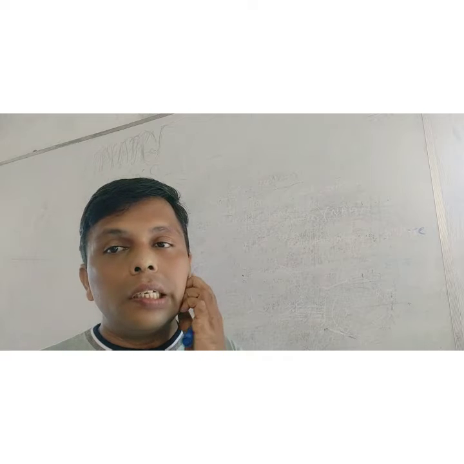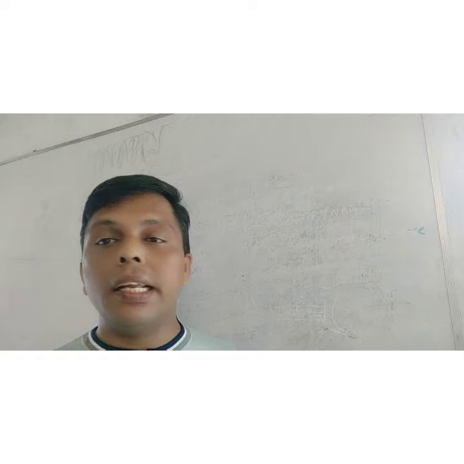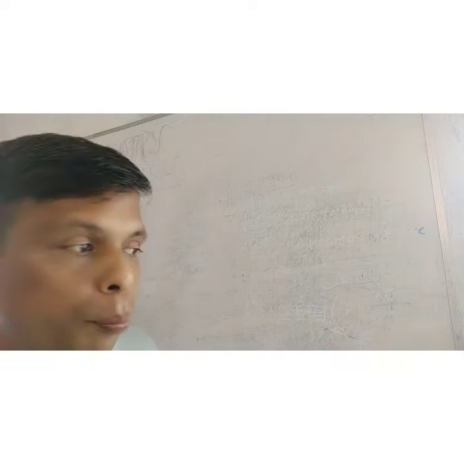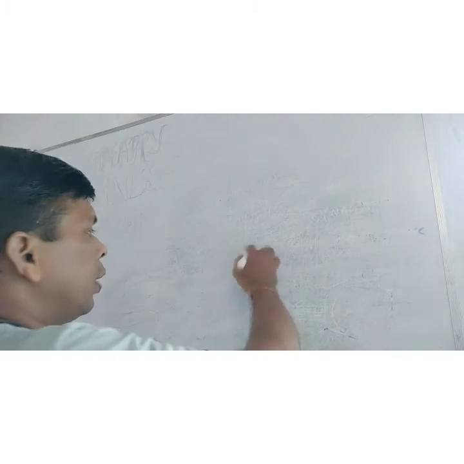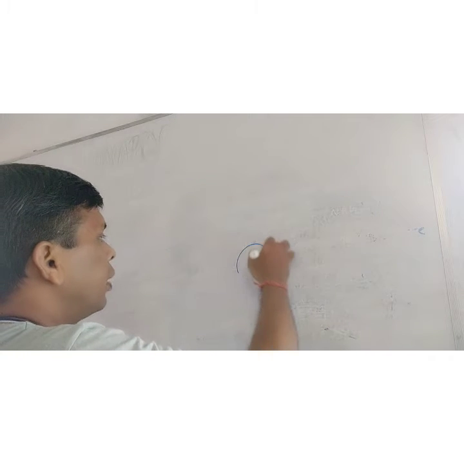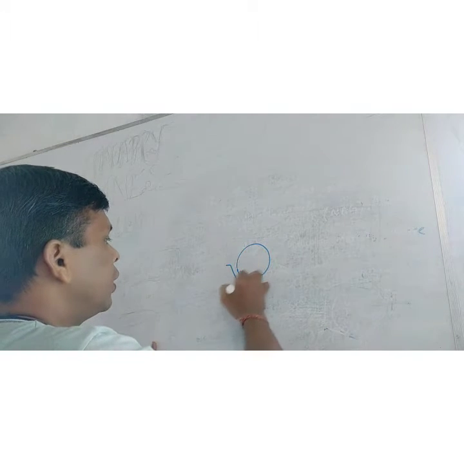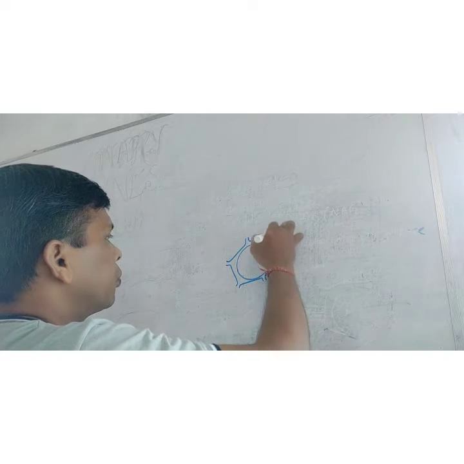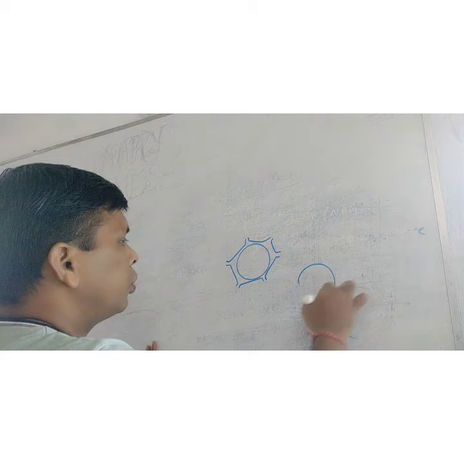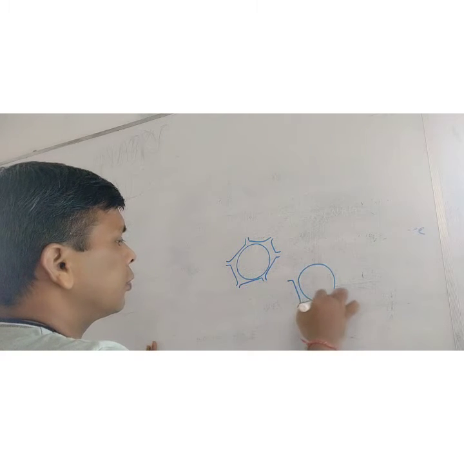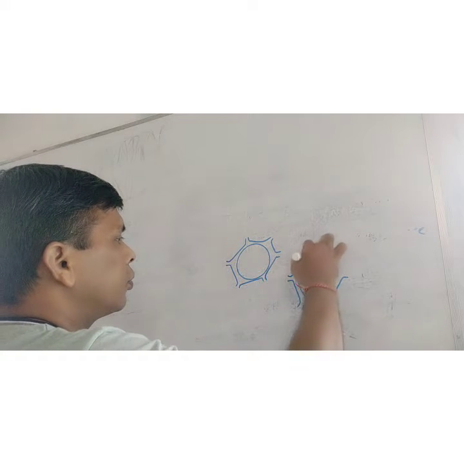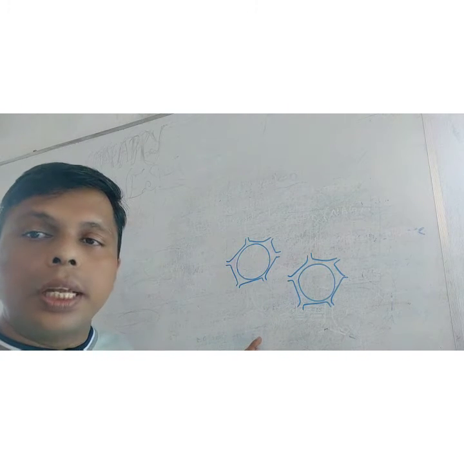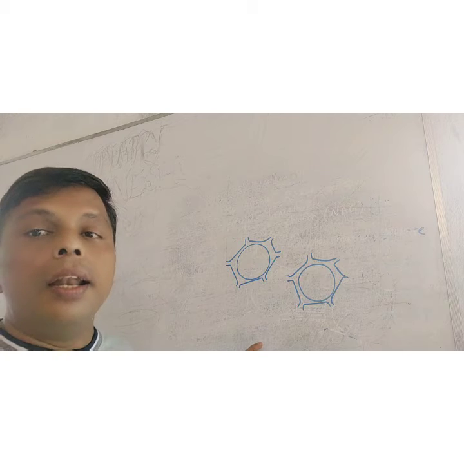Between two adjacent cells there is a connecting zone which is called the middle lamella. Suppose this is one cell, around this cell there is a cell wall, and there are two cells. In between these two cells there is the middle lamella.